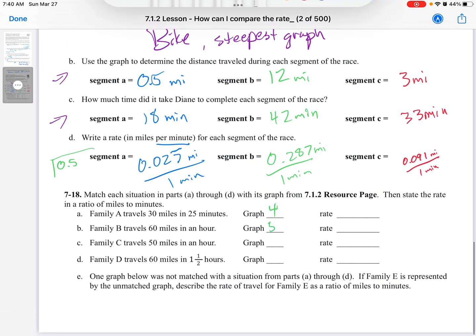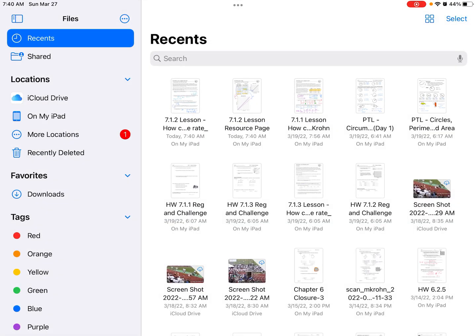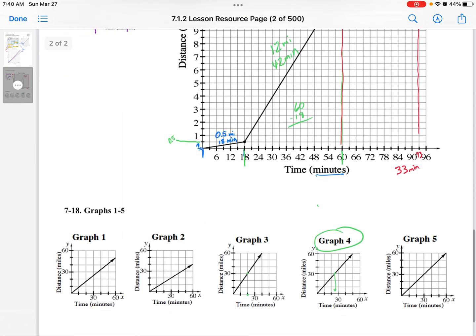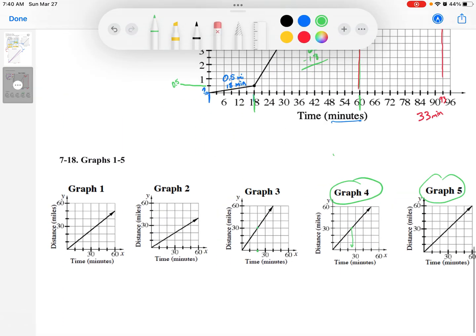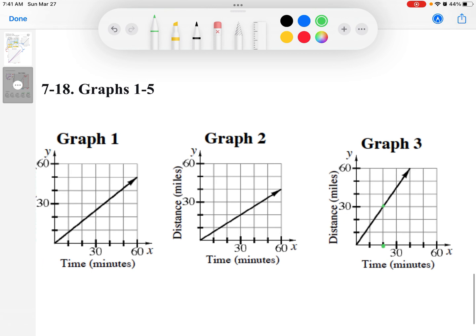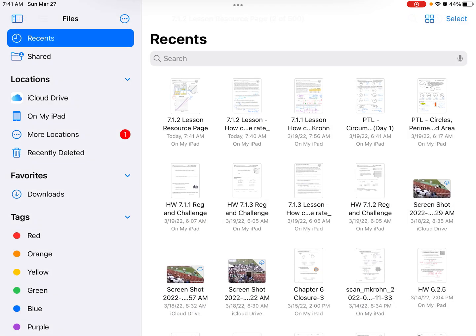Family C travels 50 miles in 1 hour. So we know it's not 4 or 5. Let's look at these. Looks like that would be graph 1. So we have that one done.